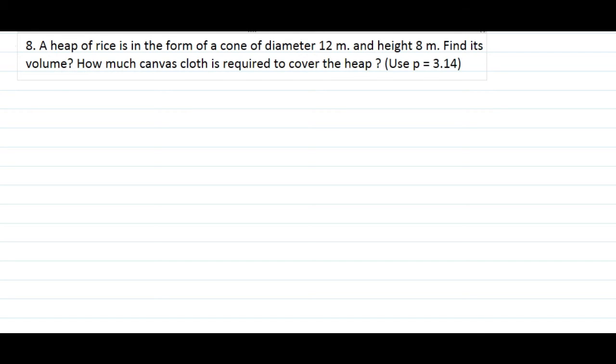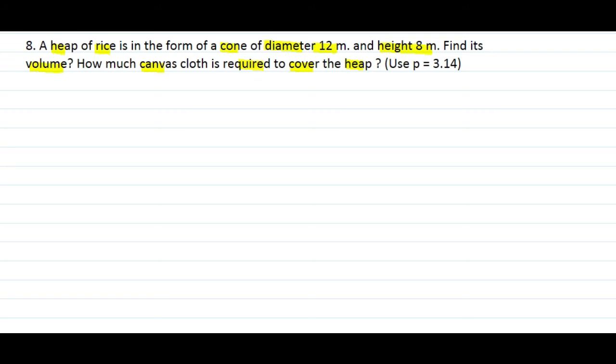Next, eighth question. A heap of rice in the form of a cone of diameter 12 meters and height 8 meters. Find its volume. How much canvas cloth is required to cover the heap?